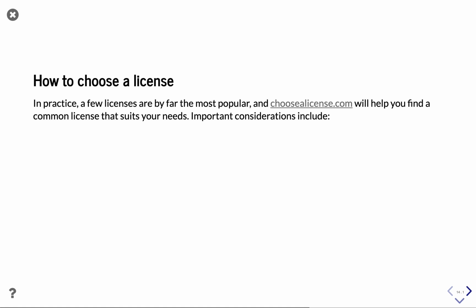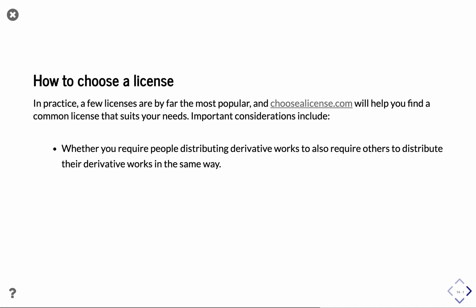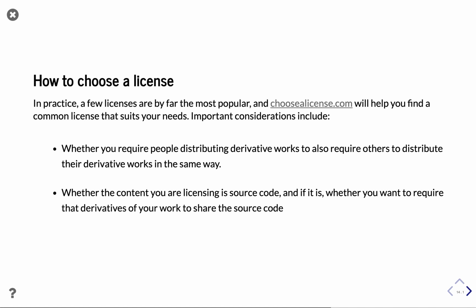When you're doing this, important things to think about are whether you want people distributing derivative works of your code to also require others to distribute those derivative works in the same way. The second is whether or not the content you are licensing is software, is source code, and if it is, if you want to require derivative works to share the source code.